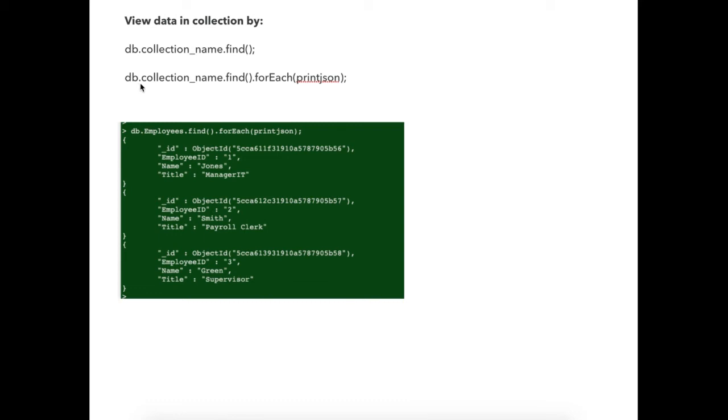We can also do db.collectionName.find().forEach(printjson), which means the data will be returned to us exactly the same, except in this format, where it's a little easier to read. So this is what the format looks like when we use forEach printjson. In the next few slides, I will show you what the data looks like when we just do db.collectionName.find(). It's the same data, but it's clustered and a little harder to read.